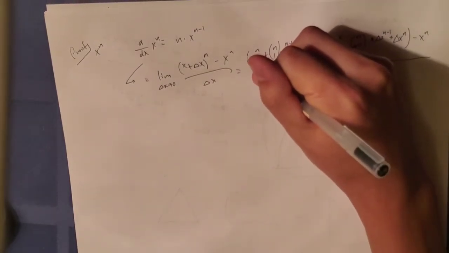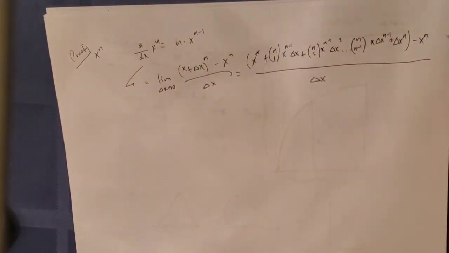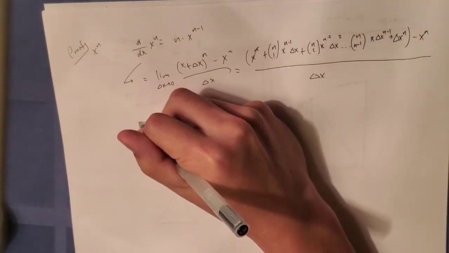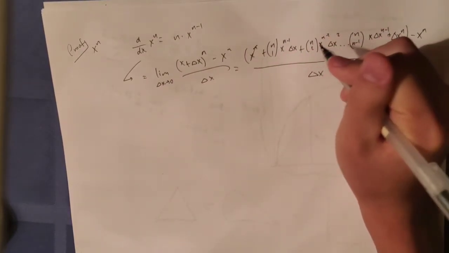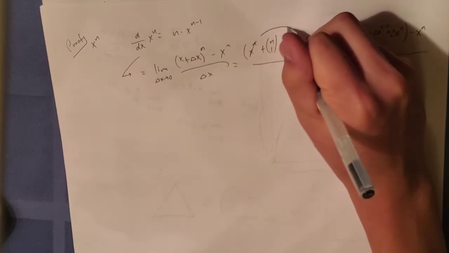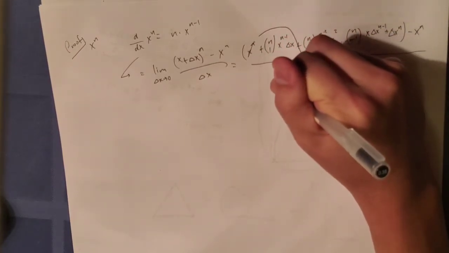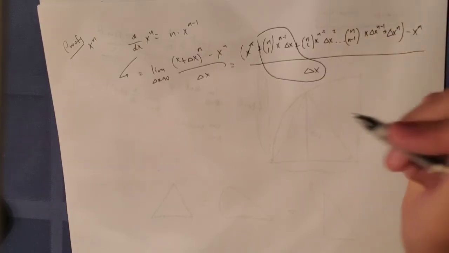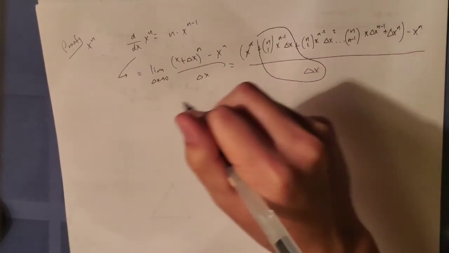And we can notice how the x to the n's will cancel out, and then we're left with this big mass here, and we're going to pull this part out. So remember, by continuity we can add and subtract limits and pull out limits from each other.